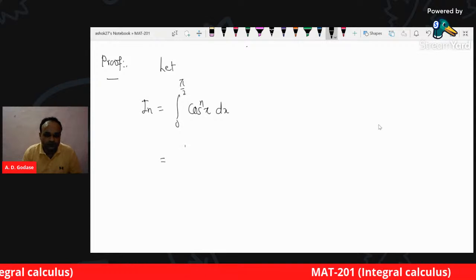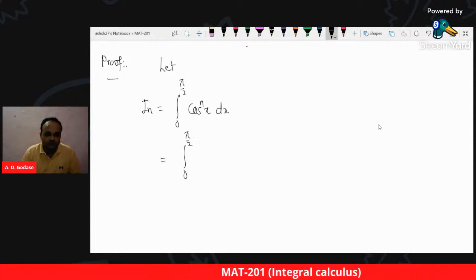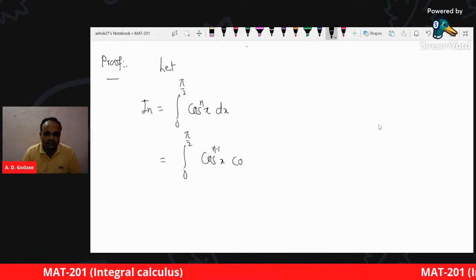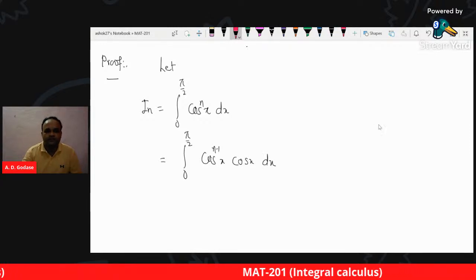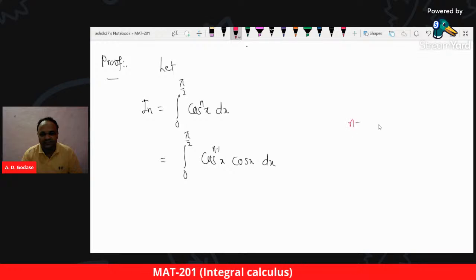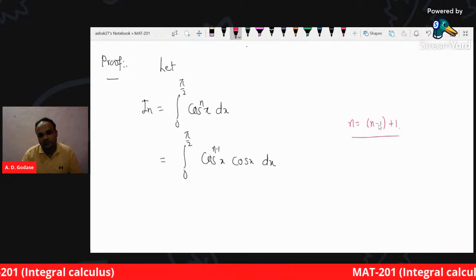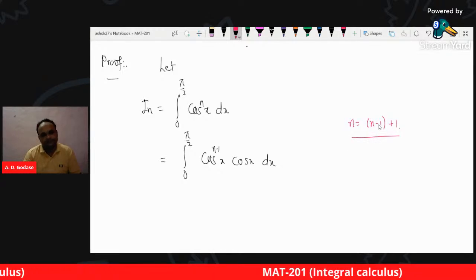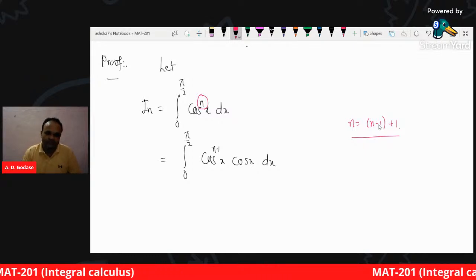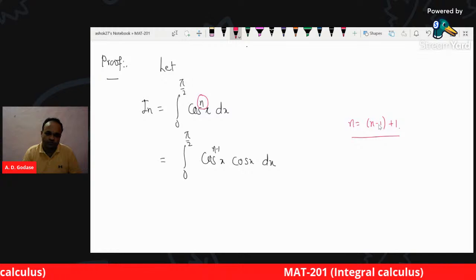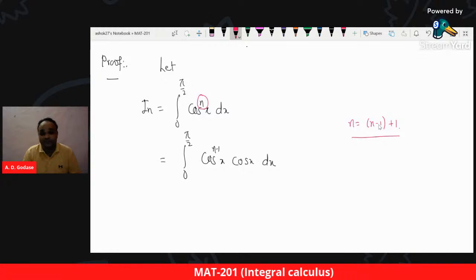So it is cos raised to n minus 1 x into cos x dx. Here we write n as n minus 1 plus 1, so we split it and write it as the integration from 0 to pi by 2 of cos raised to n minus 1 x into cos x dx.